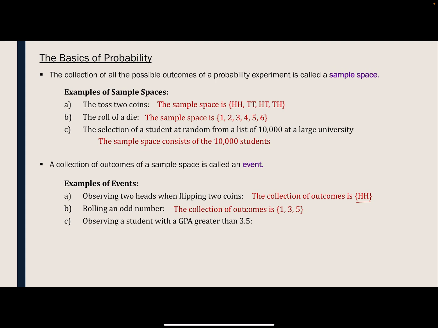Or an event could be observing a student with a GPA of higher than 3.5, and this references back to that list of 10,000 students at a large university. So then the event would be all of the students whose GPA is higher than 3.5.